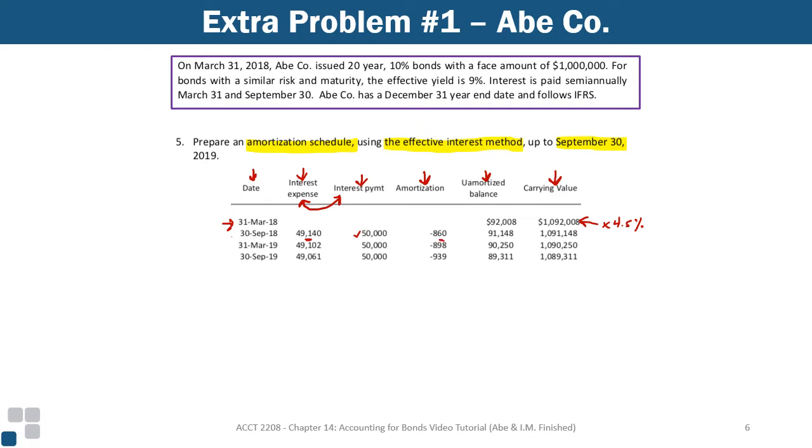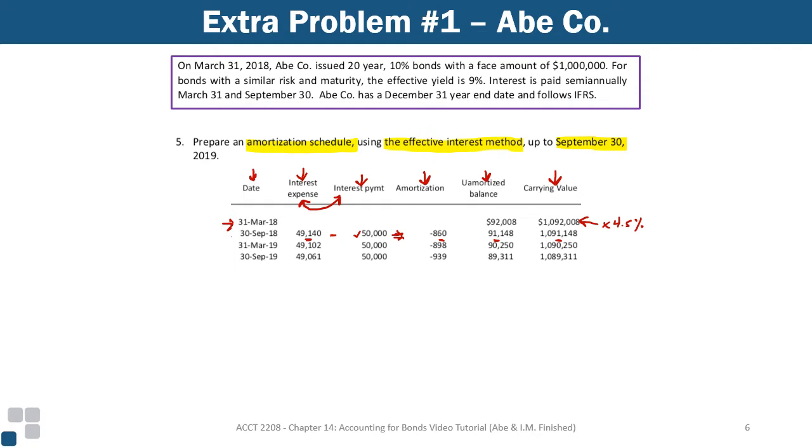The difference between the payment, 49,140 minus 50,000, is negative 860. And so the unamortized balance of the premium is simply 92,008 minus 860, which gives 91,148. The carrying value of the bond is now 1,091,148.